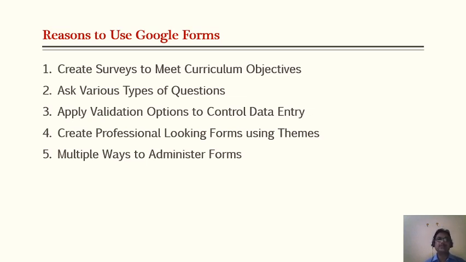So the user has to enter the information exactly in the same way, because the Google Form will not allow them to enter any other kind of format here. It will impose on the user that they have to fill the information in the correct validated format. So this validation option helps us to take the information from the user exactly in the predefined format. We may also create professional looking forms.